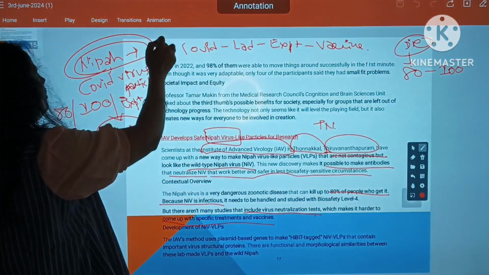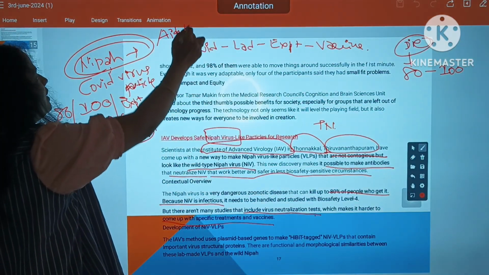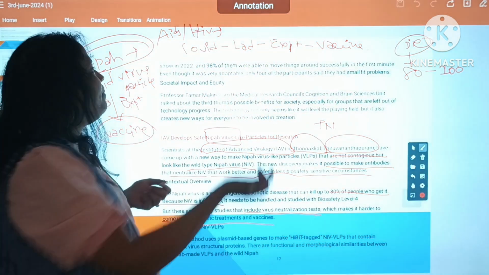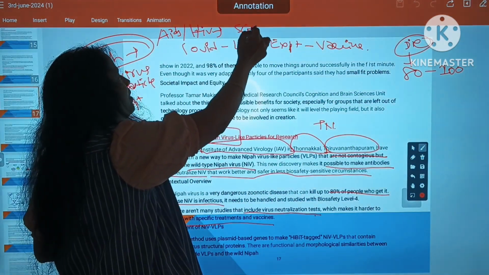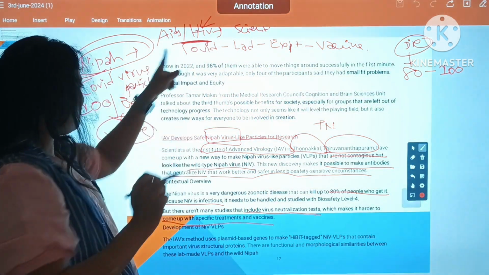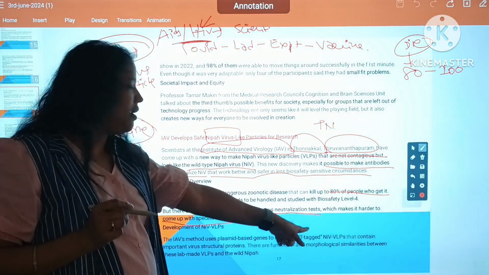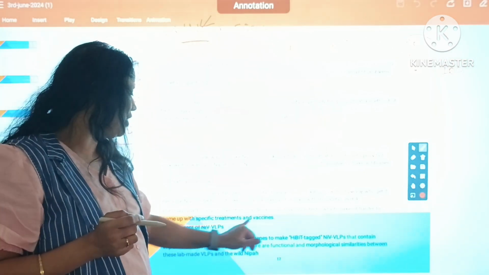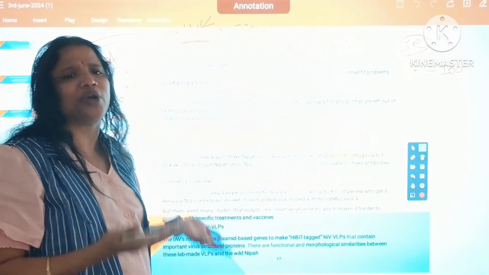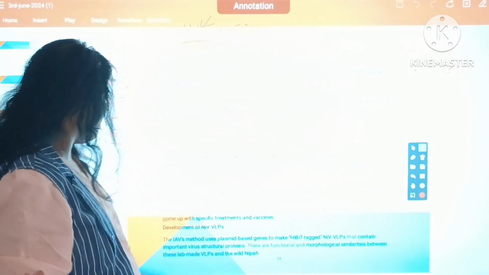For AIDS also, HIV or AIDS, there is no treatment or vaccine till yet. But scientists go on doing experiments to control the life-killing disease. In the same way, Nipah virus also does not have any specific treatment, vaccines or neutralization tests. Neutralization means to control the virus; there is no test till now.